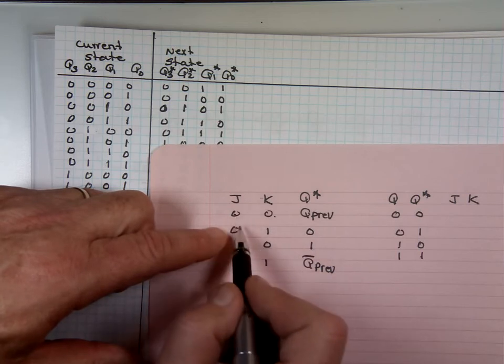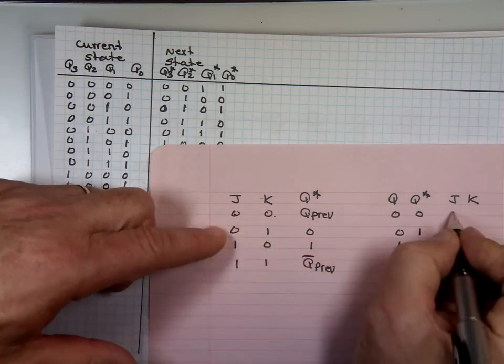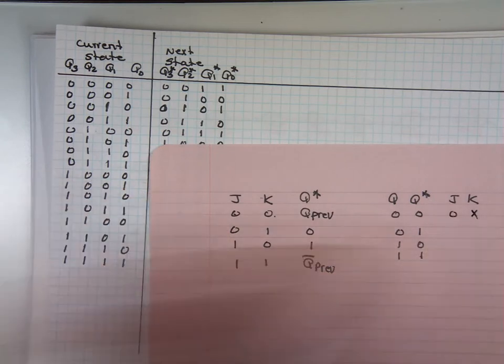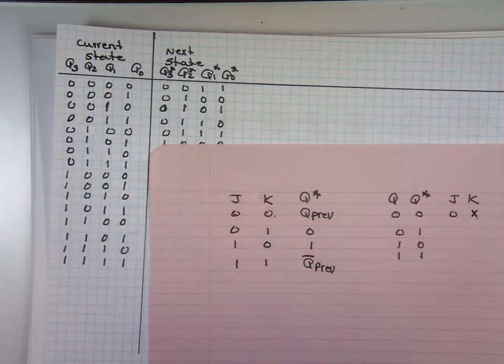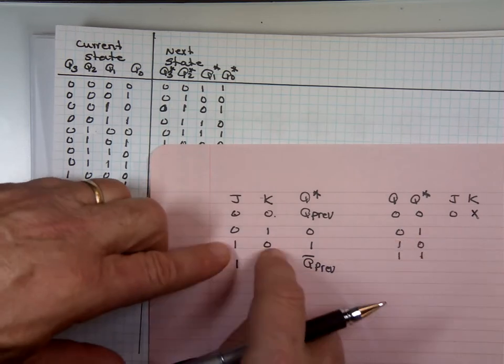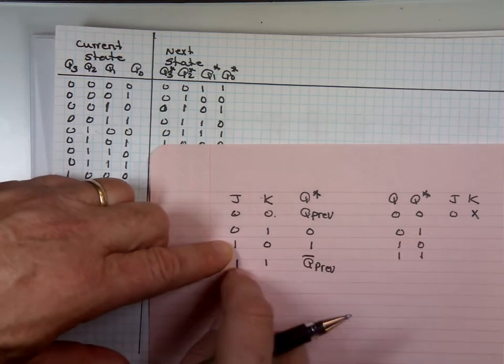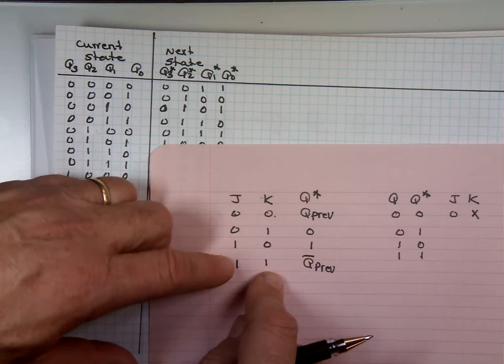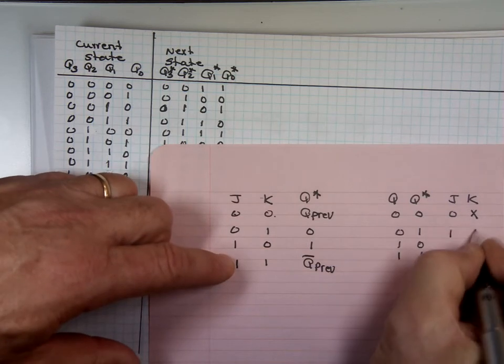So as long as J is 0, don't care about K. Zero to 1, I can get to it through 1, 0, which will make it a 1, or 1, 1 will complement. J is 1, don't care for K.